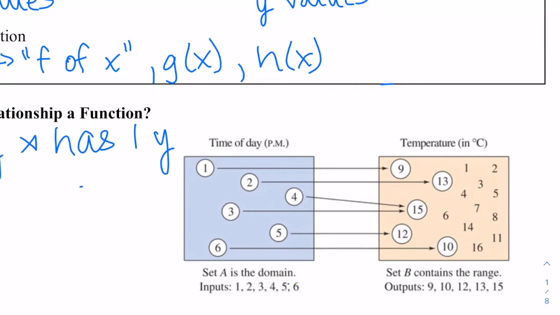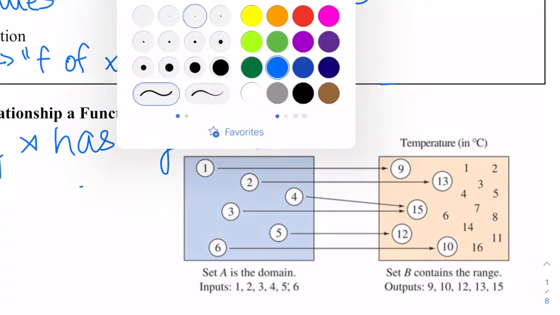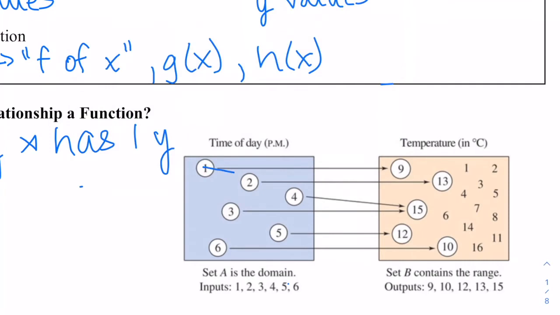So if we had something maybe at 1 p.m. matching up with two different temperatures, well, that wouldn't make sense because at 1 p.m. it can only be one temperature in one location. So if this happens where an x value has two y values, then that would not be a function.